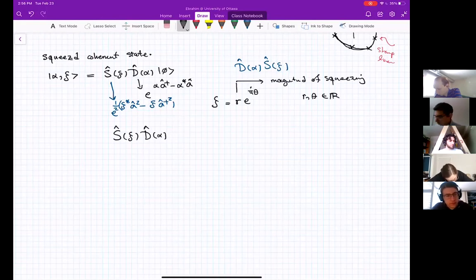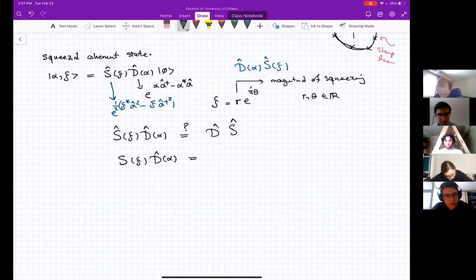So if you have a squeezing operator acting on a displacement operator, the question is, can we write it in terms of displacement operator acting on squeezing? Okay. Let's do that. We can do S of zeta, D of alpha.